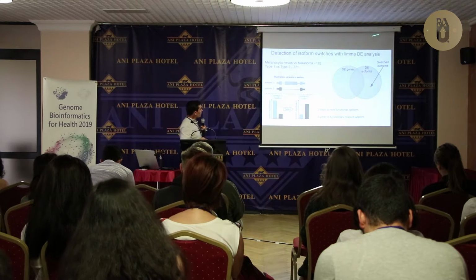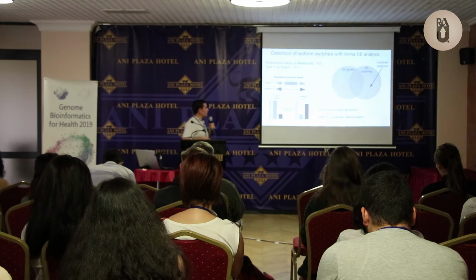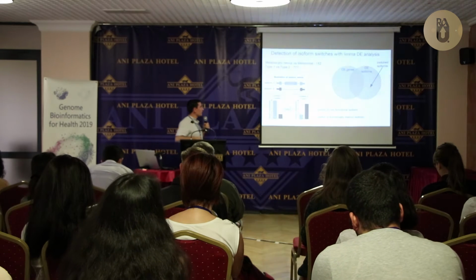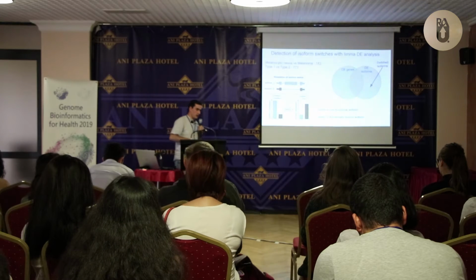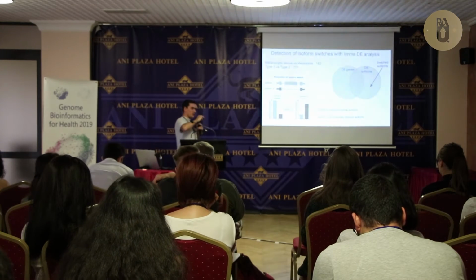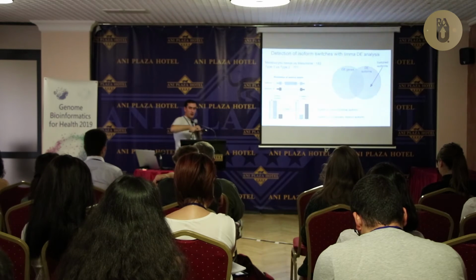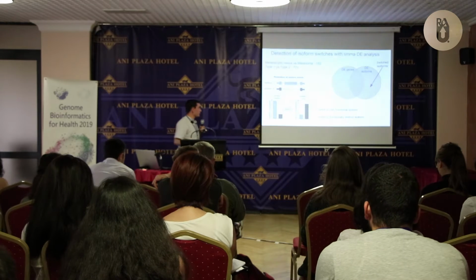So we performed differential expression analysis on gene level, then on isoform level, and then we took all isoforms which had a significant change only on isoform level, but not on gene level. That means this isoform has an alteration on isoform level. One isoform went down, and the other up, and there is no change on gene level.